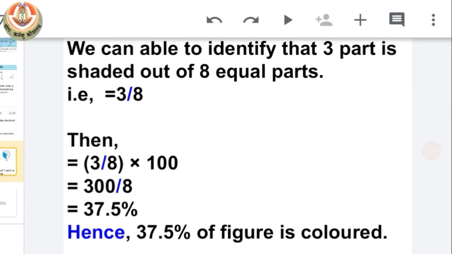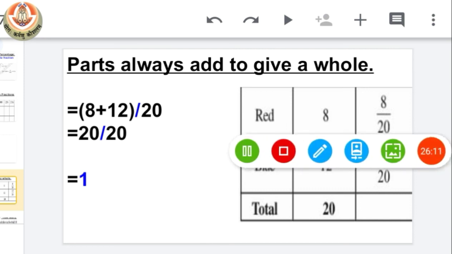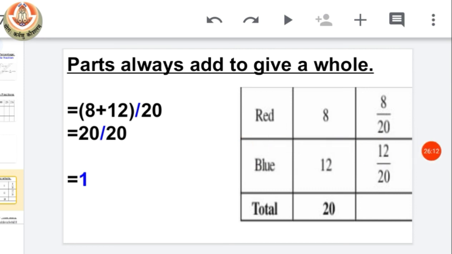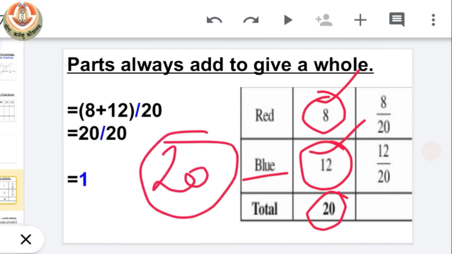Now one more thing in this chapter is that whenever we add all the parts, we always get a whole. You can see we have 8 red beads and 12 blue beads, and the total is 20. When we add the parts, that means 8 with 12, we get 20, which is the whole.